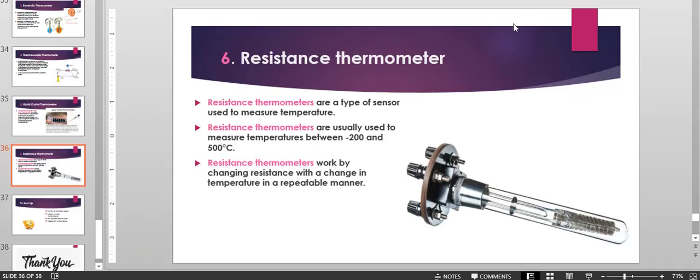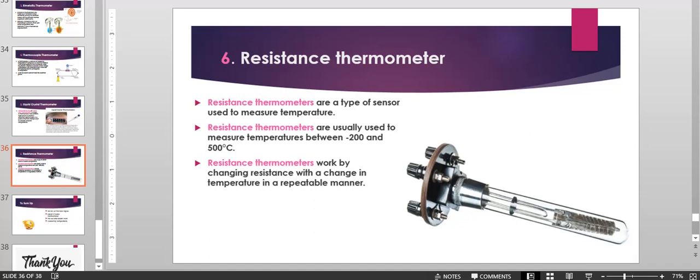So, I hope students that now you have understood how this resistance thermometer basically works. Whenever the temperature of a body increases, the vibration of the molecules of the resistor increases and hence causes hurdles for the electric current to flow.